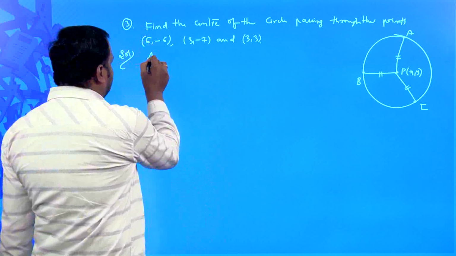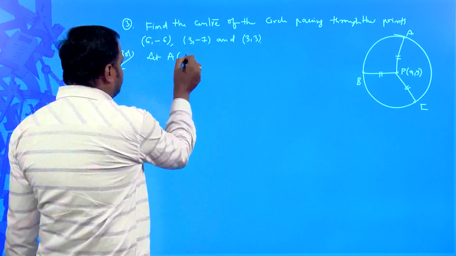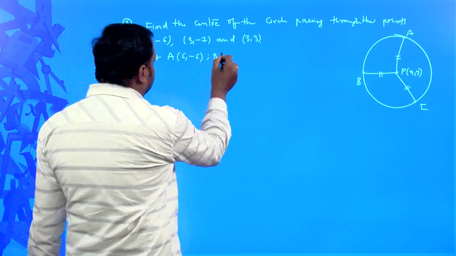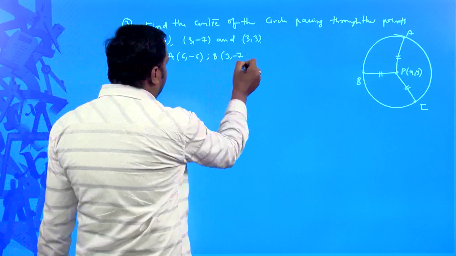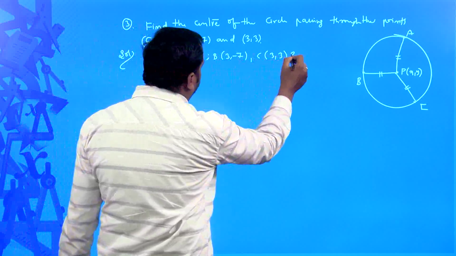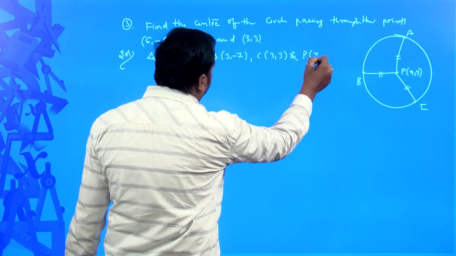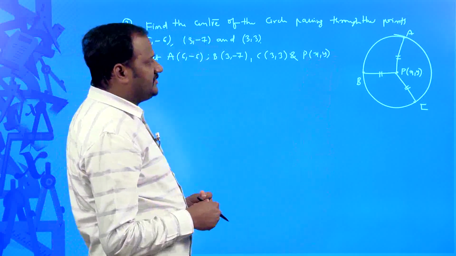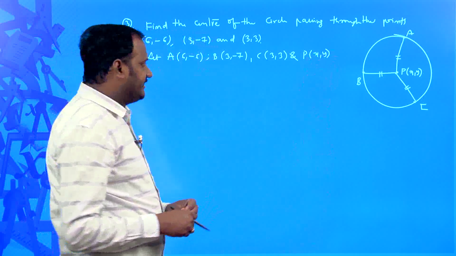Let us consider the point A is 6 comma minus 6, point B is 3 comma minus 7, point C is 3 comma 3, and the center of the circle is x comma y. So here PA is equal to PB is equal to PC is equal to the radius.